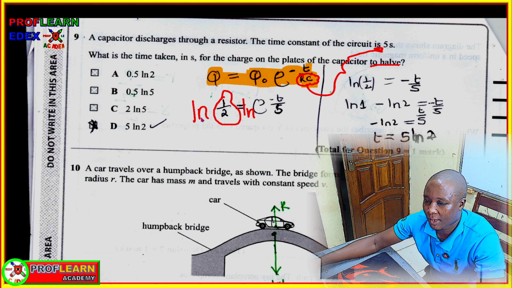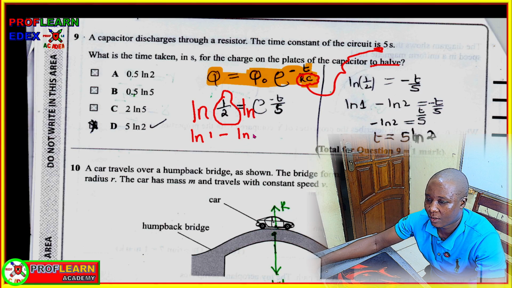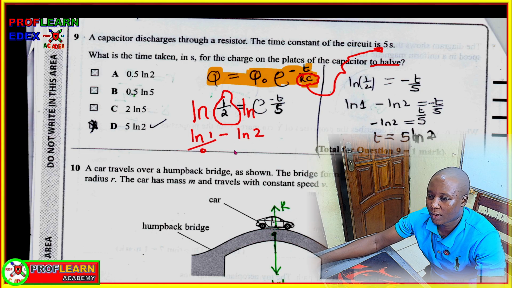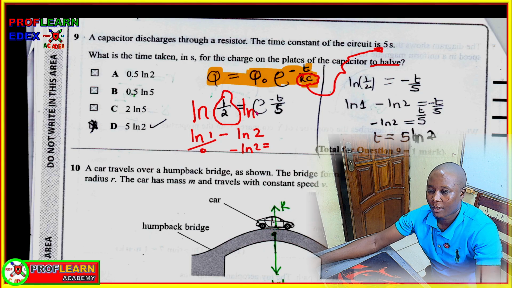So you realize that ln of a half is the same as ln of 1 minus ln of 2, and ln of 1 is always 0, so we shall have negative ln 2 equals ln of e.